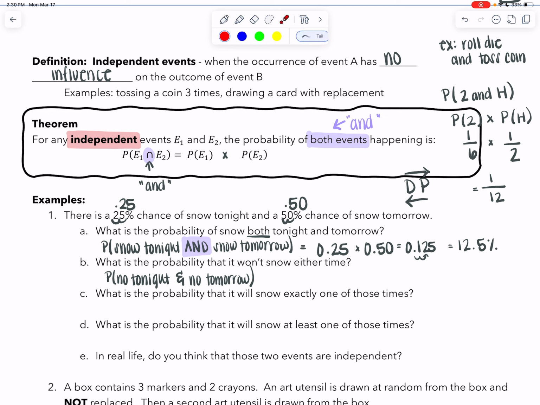Now, if there's a 25% chance of snow tonight, the chance of no snow tonight would be 1 minus that, or 0.75, times the probability of no snow tomorrow.